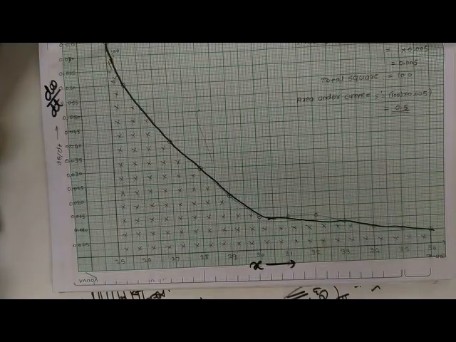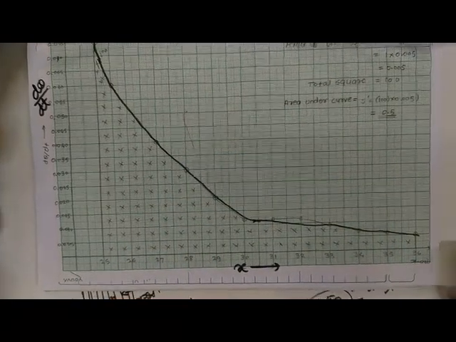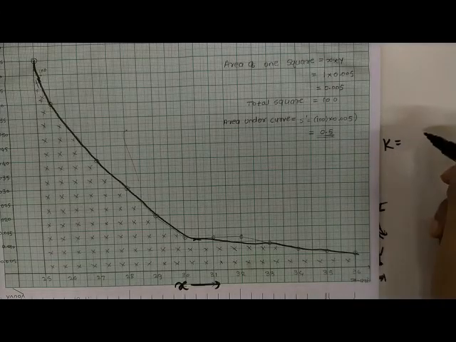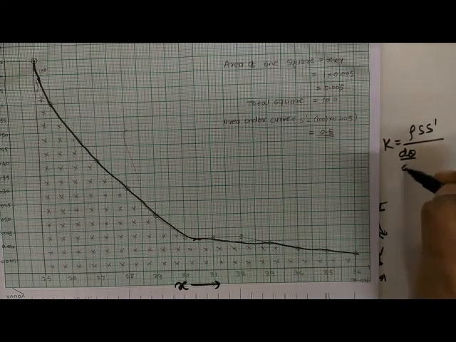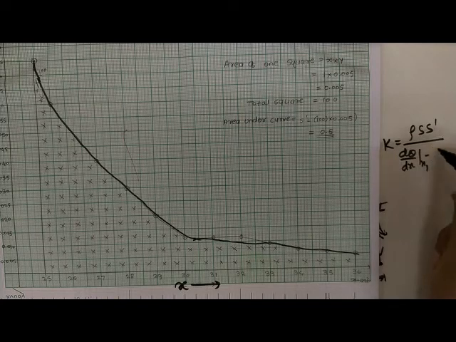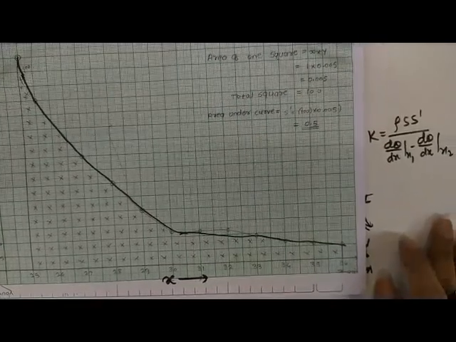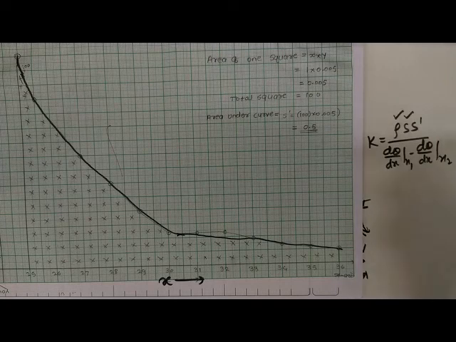Once you have got this, remember that the formula for our k is equal to rho s dash divided by d theta by dx at x1 minus d theta by dx at x2. These are the two slopes we got from the first graph, and rho and s are already known to us.